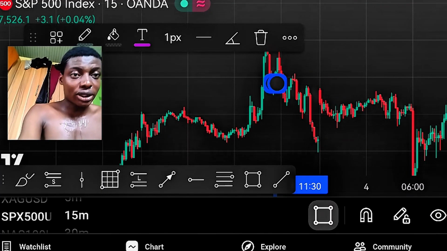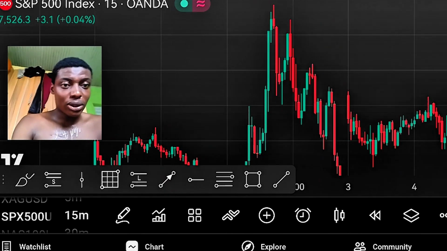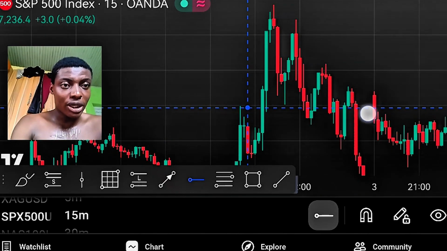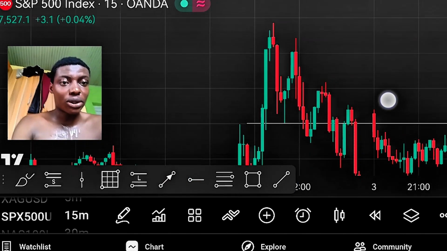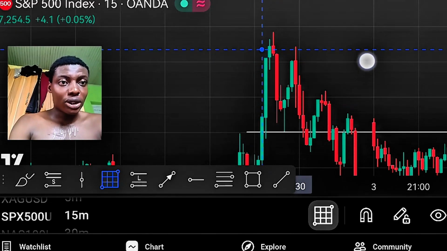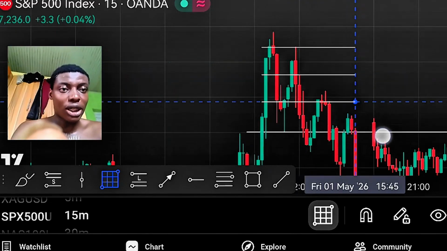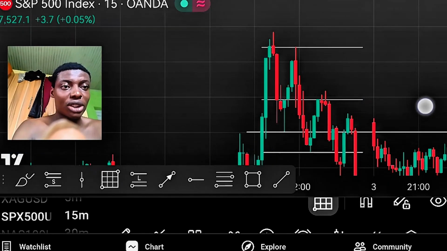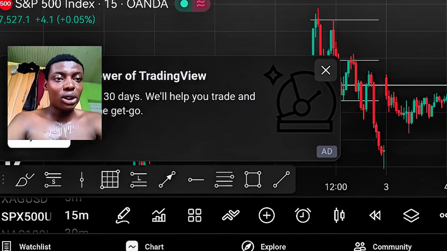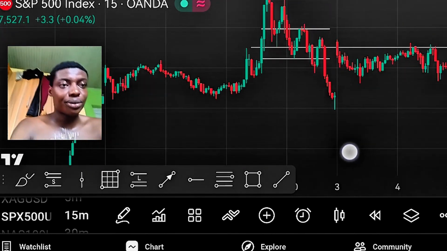Okay, now this is another sell. We have a break of structure to the downside. If you draw, this is the high. You can see that we came to discount of equilibrium and we dumped down.